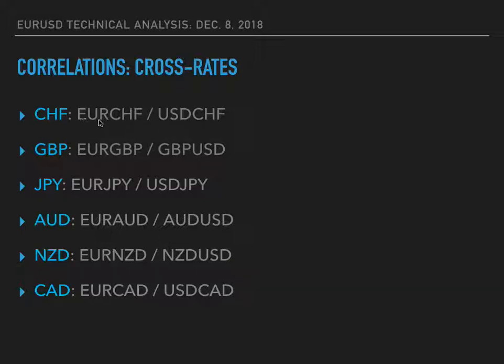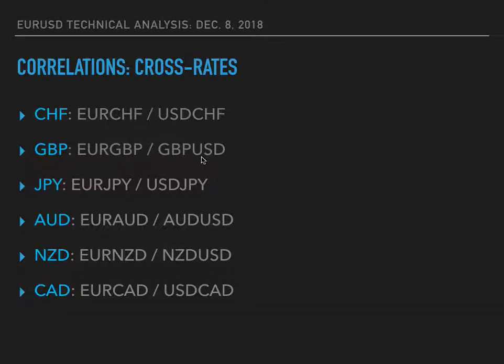So ideally, to get the cross rate, you want the base currency, target currency, and the target quote currency to be the numerator, and the cross rate currency to be the denominator.